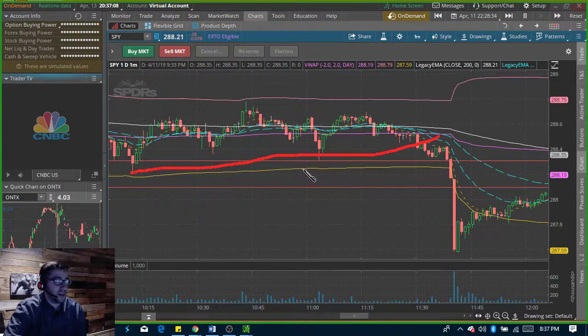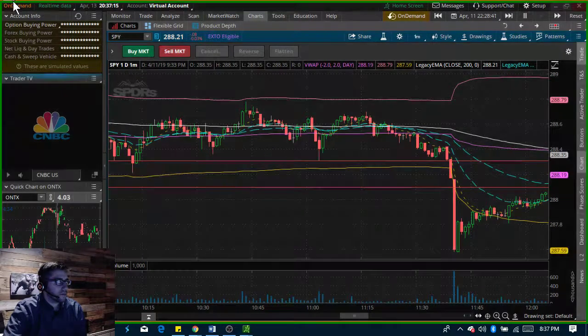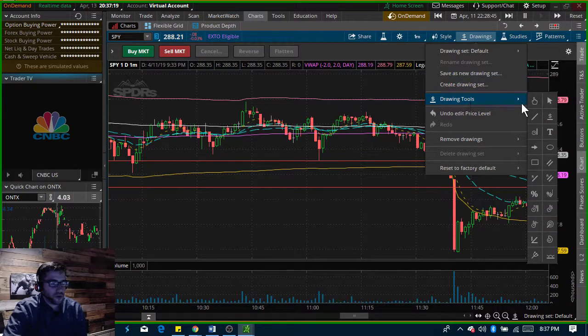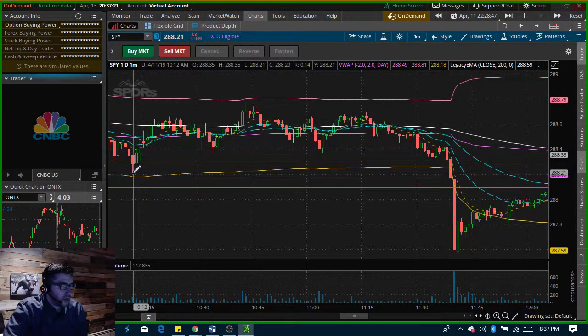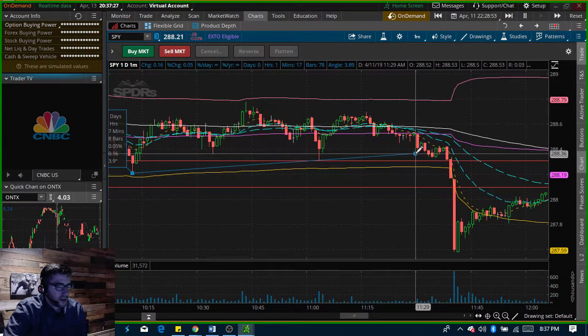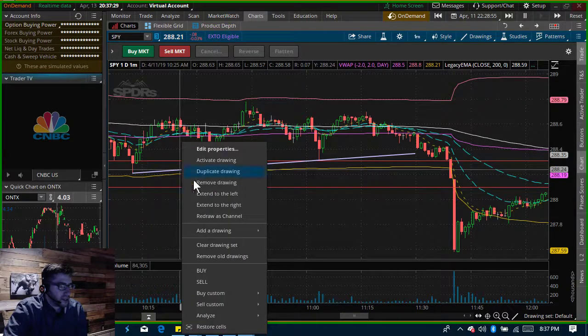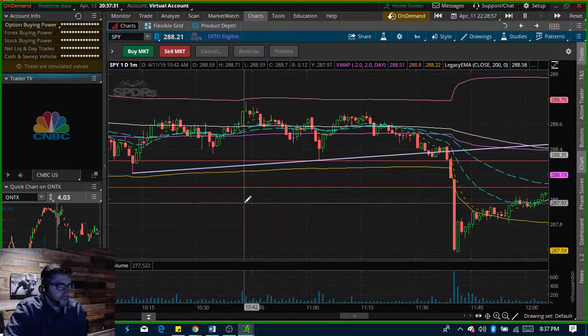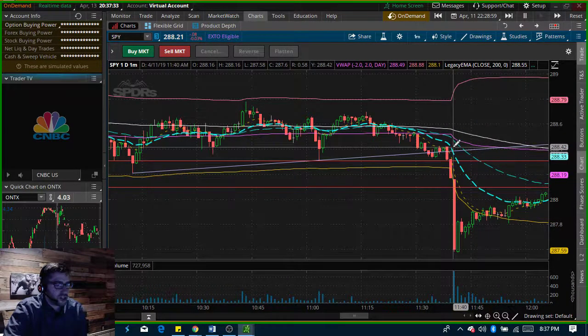Sorry, that's not a straight line, but you could see once it breaks past that neckline, and I'm going to use a professional drawing tool. So you got this, and it goes like this, and that's the bottom, and we're going to extend that to the right, is when the breakdown starts.